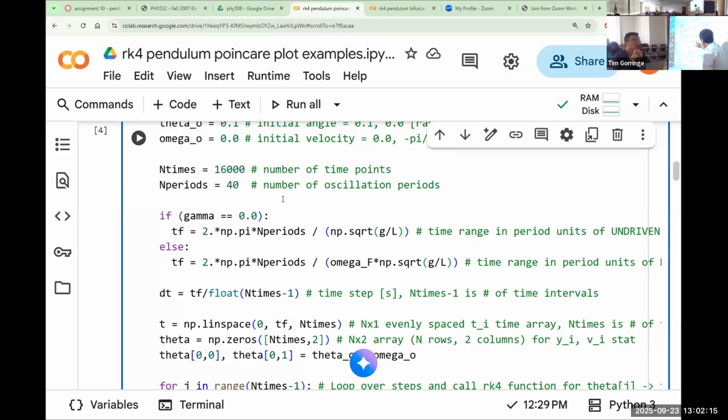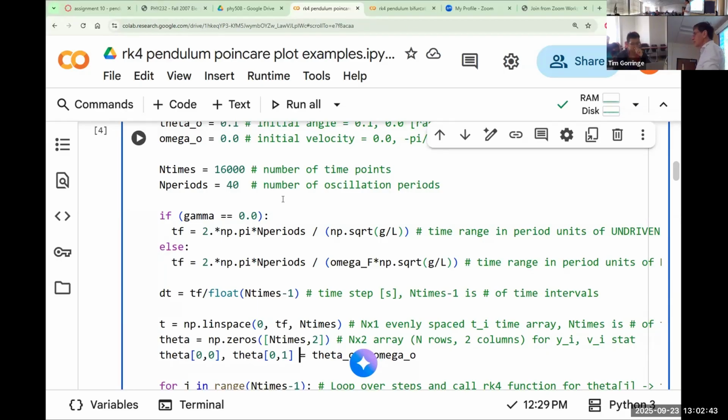This equation here is executed if there was no driving force. So you're building from the natural frequency to how many time ticks you're going to have. Yes, not the other way. I defined how many periods I want, and then I build everything out of that. I want 40 periods, so I'm going to build the ticks out of that.